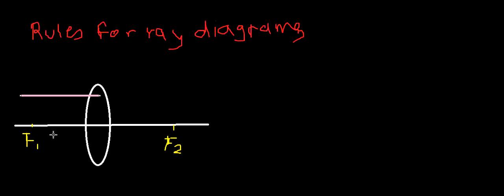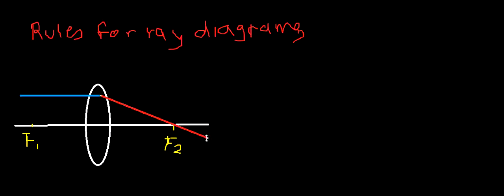Then the refracted ray, not the reflected, as we are using lenses here, the ray will refract. So the refracted ray will pass through the focus. So let me, the blue will be my incident ray, and the refracted ray will pass through the focus, as the first rule says.